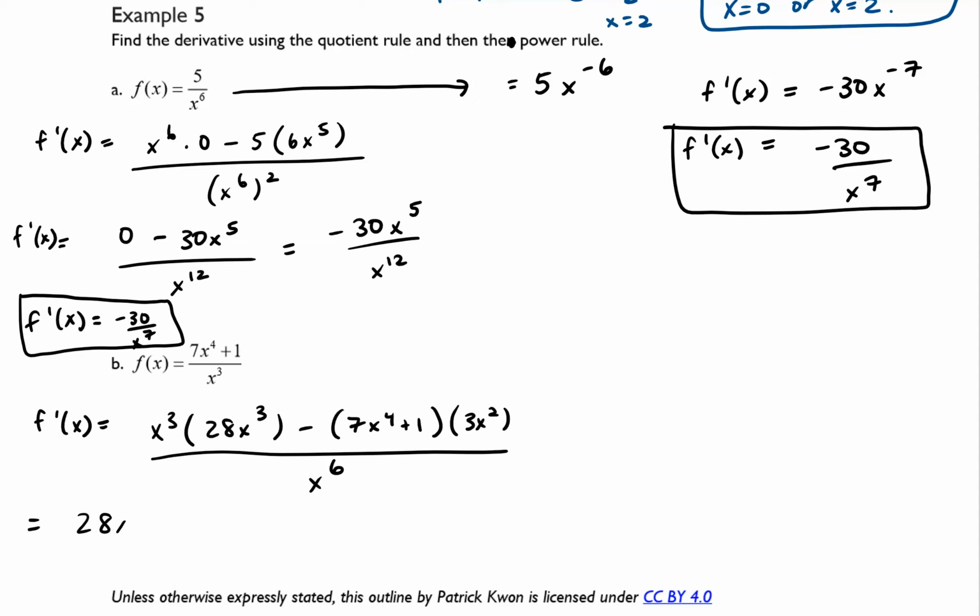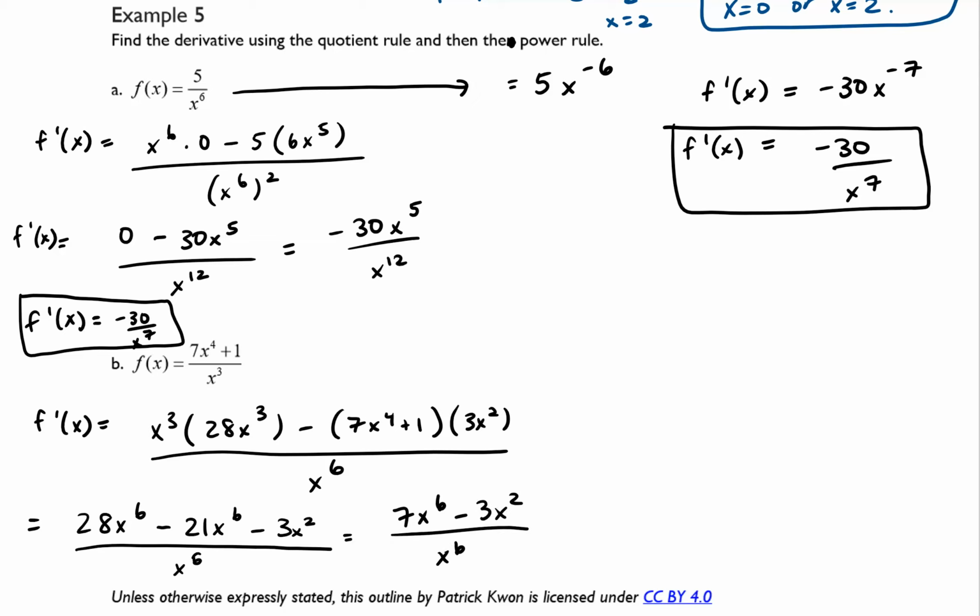So you have 28x to the 6th minus 21x to the 6th minus 3x squared all over x to the 6th. And that's going to be 7x to the 6th minus 3x squared over x to the 6th. And if we divide now, that should be 7 minus 3 over x to the 4th, like that.